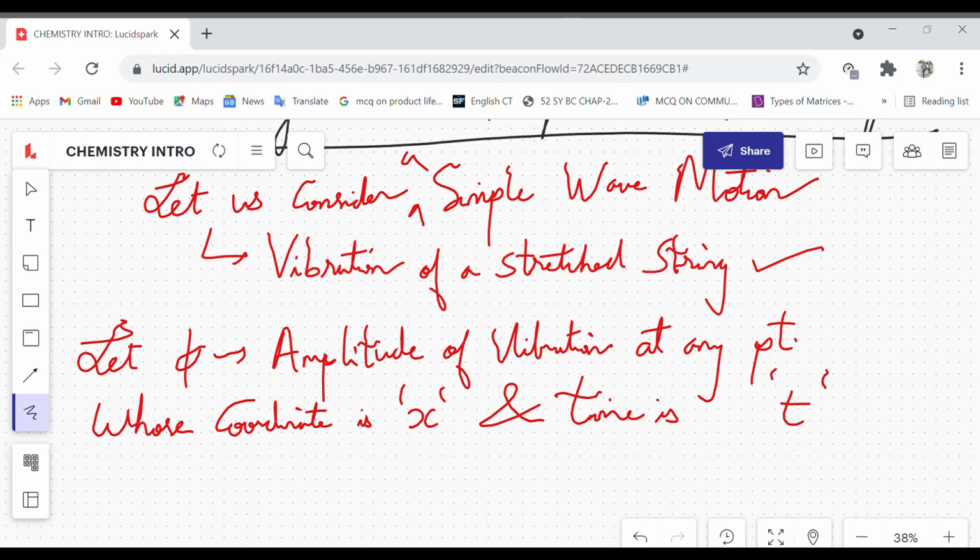So we considered phi as the amplitude of vibration at any point whose coordinate is x, time is t. Let's start with our main funda.